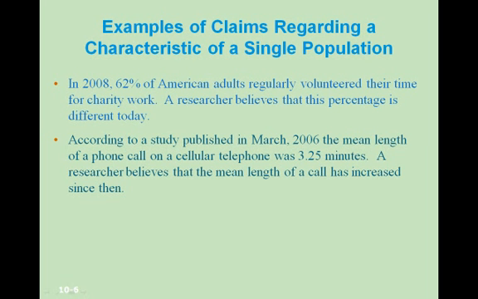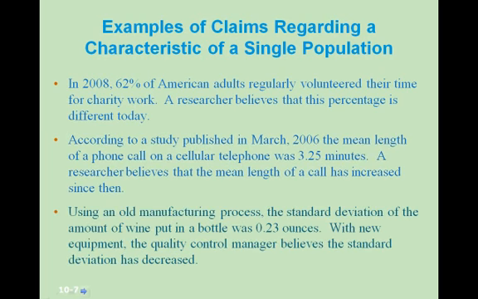A researcher believes that the mean length of a call has increased since then. And third, using an old manufacturing process, the standard deviation of the amount of wine put in a bottle was 0.23 ounces. With new equipment, the quality control manager believes the standard deviation has decreased.